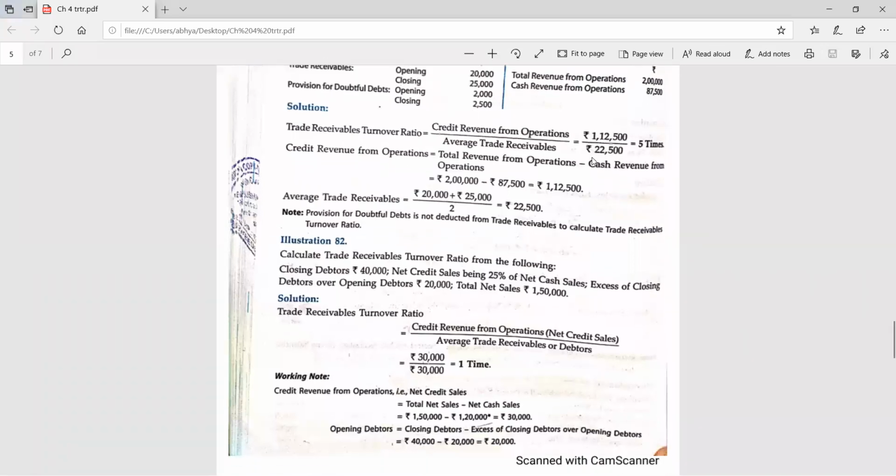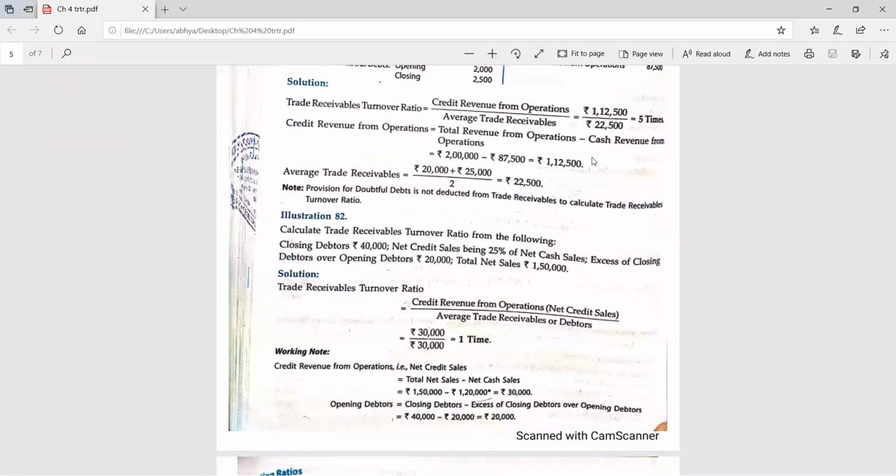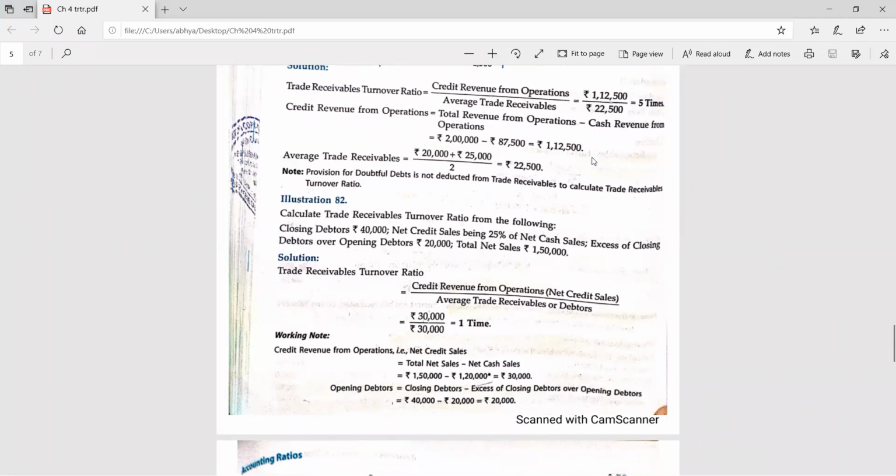So X plus X by 4. Or we can solve it without assuming X if you want, just by taking the 25%. Okay, so the answer is 30,000.